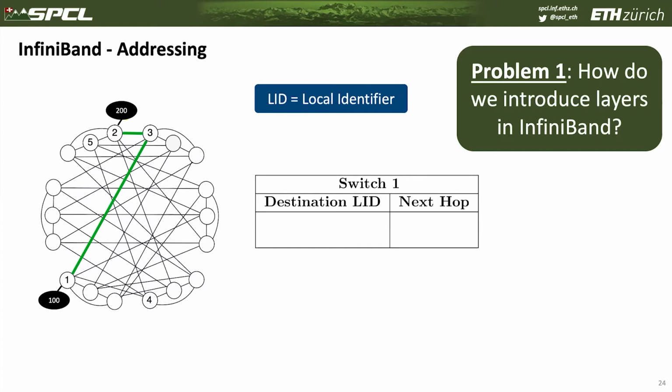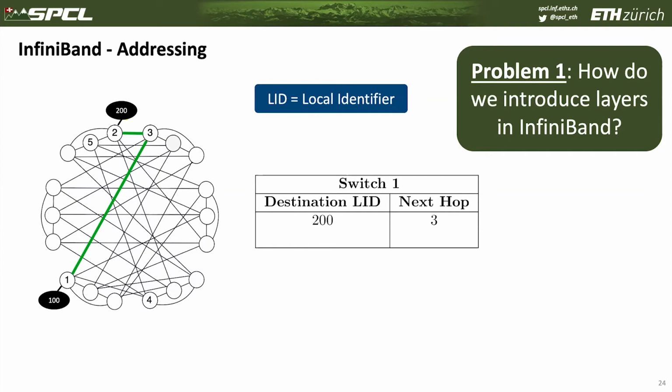Switch 1 will index its forwarding table using the destination LID in the packet's header and determine the next hop, thereby determining the output port that it will forward the packet on.